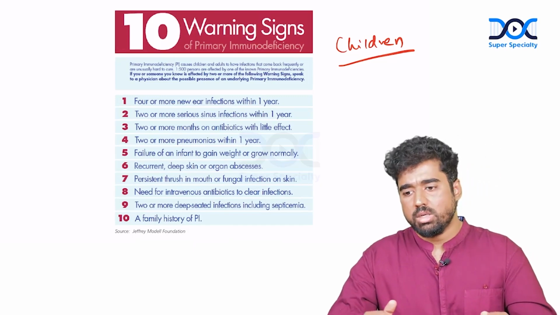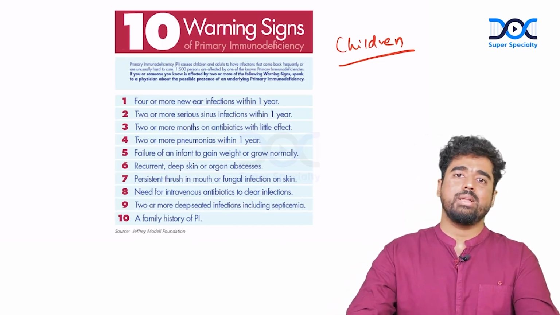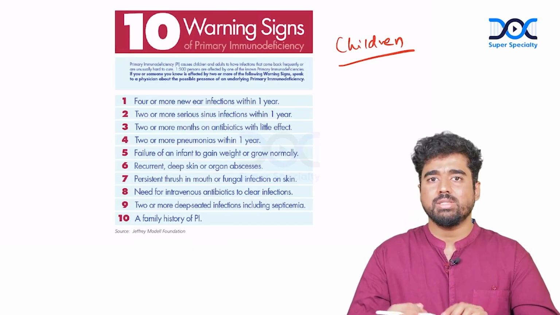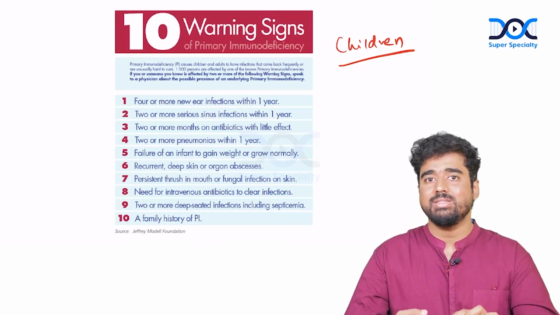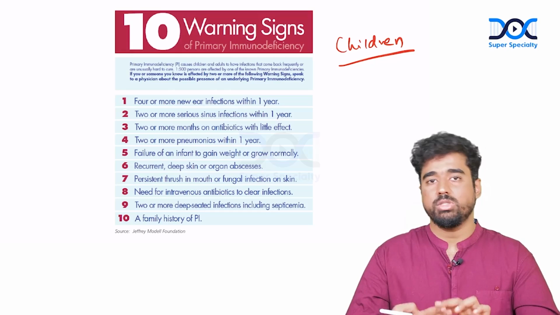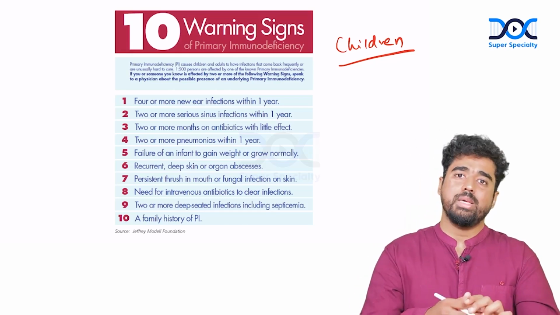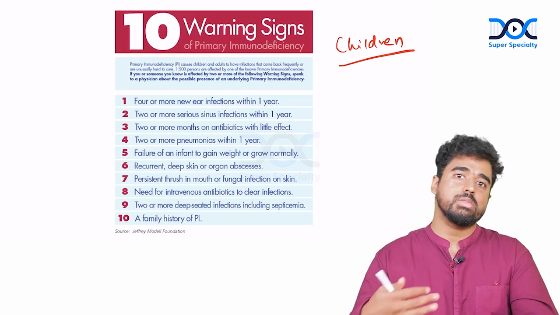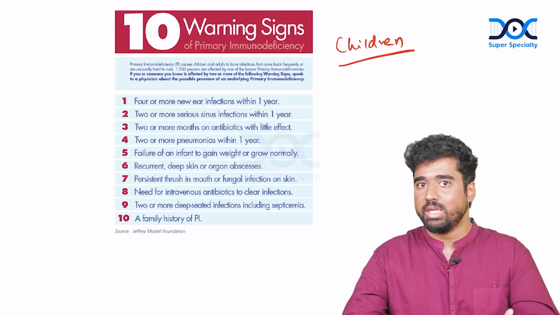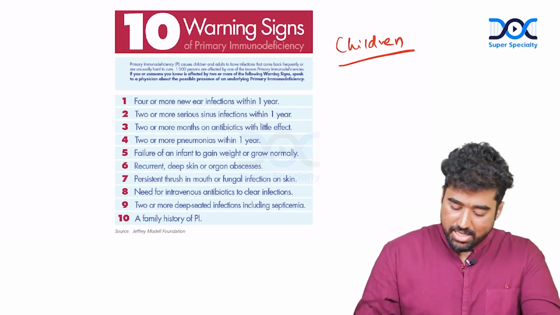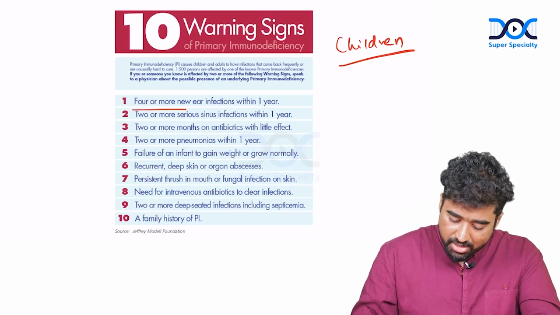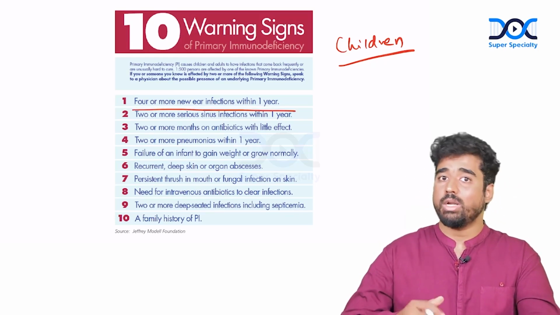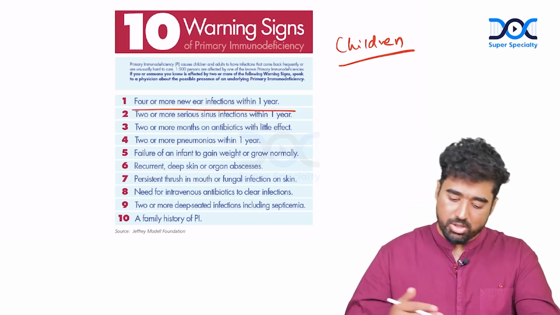To be told broadly, it mainly includes more frequency of infections, more severity of infections, weird locations of infections, more resistance to treatment, and obviously the possibility of normal commensal organisms transforming into pathogenic strains. So here you see 4 or more new ear infections in the last 1 year. So these are how the warning signs of PID are to be seen.